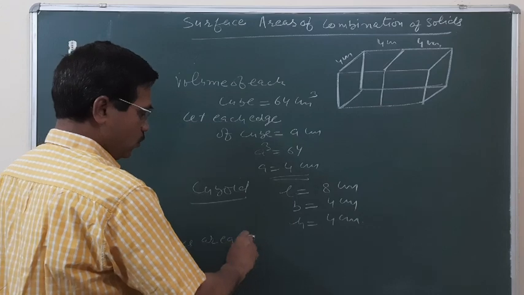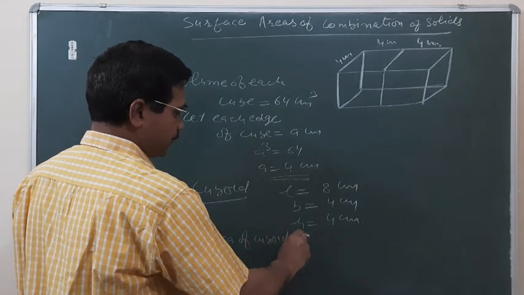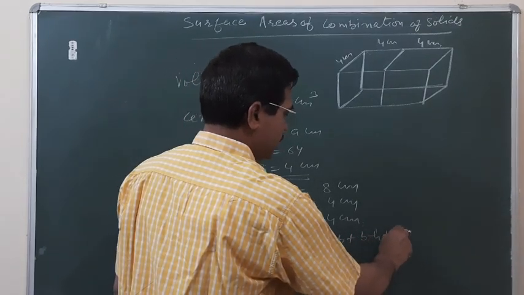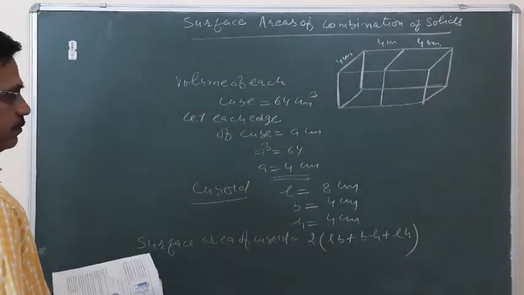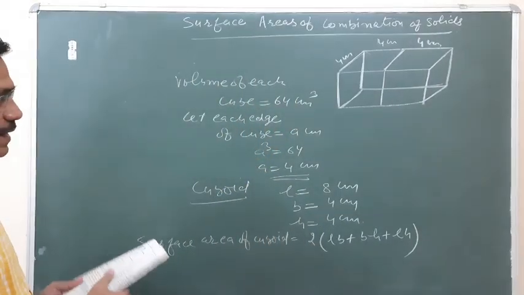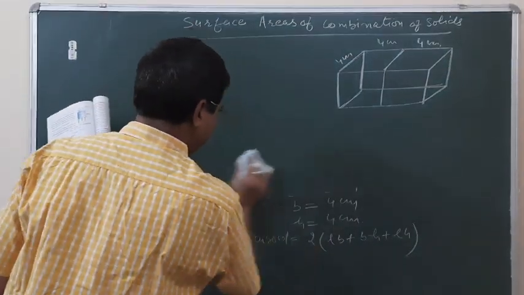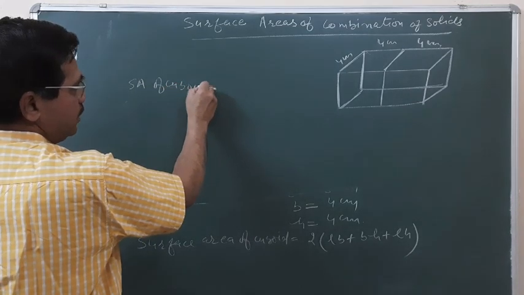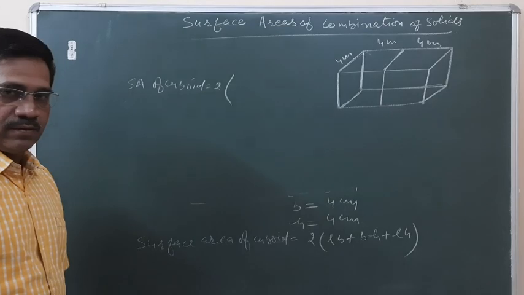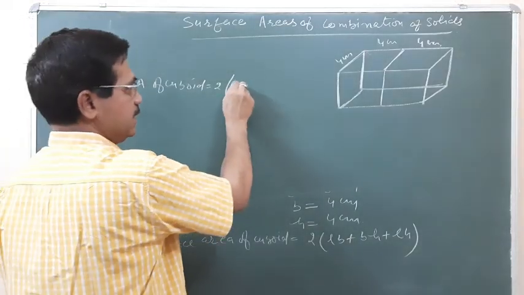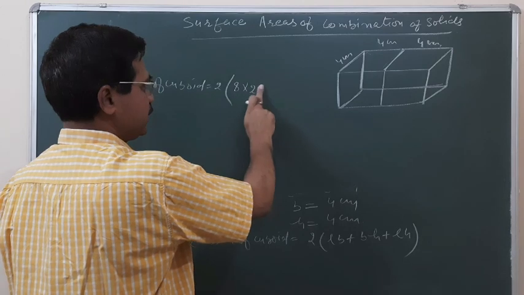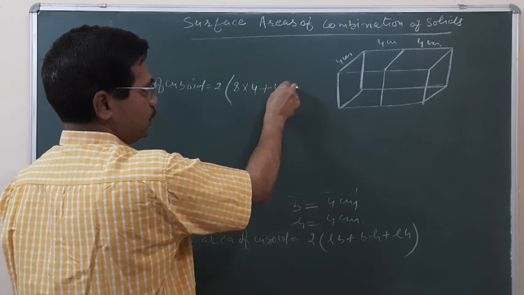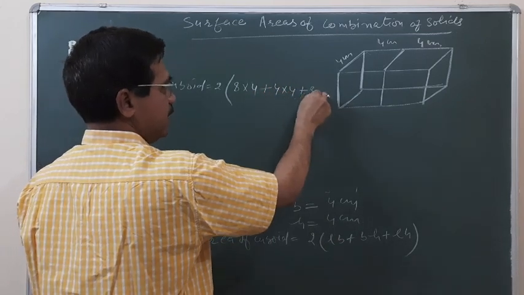Surface area of cuboid is equal to 2 into LB plus BH plus LH. Now put the value of L, B and H. Therefore surface area of cuboid is equal to 2 into, length is 8, breadth is 4, so 8 into 4 plus 4 into 4 plus 8 into 4.